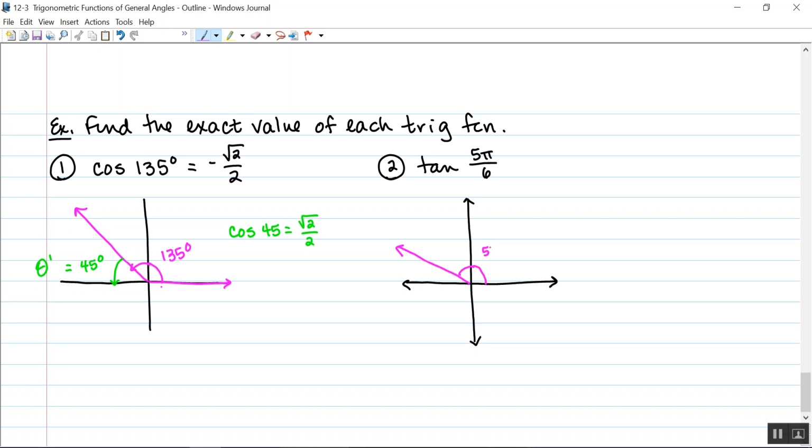So that's 5 pi over 6, or 5/6 of pi. Okay, so that means that down here, my reference angle, my theta prime, is going to be equal to pi over 6.